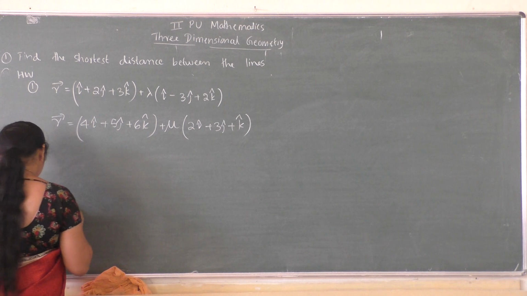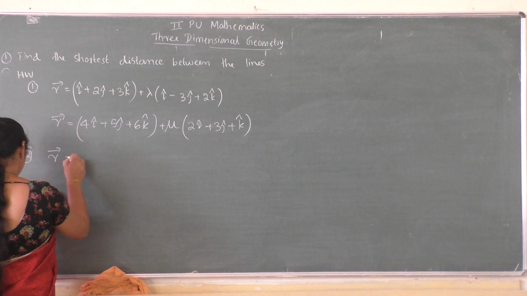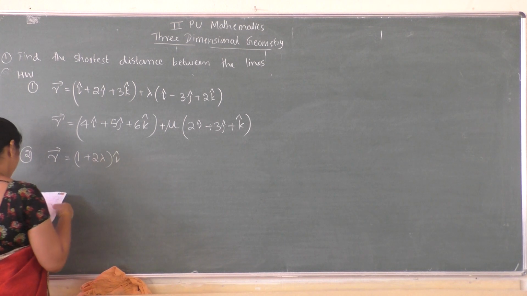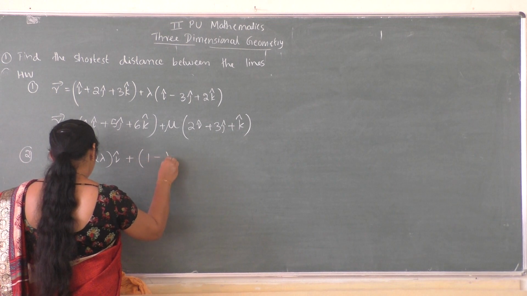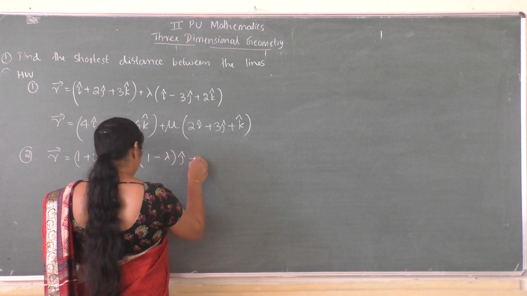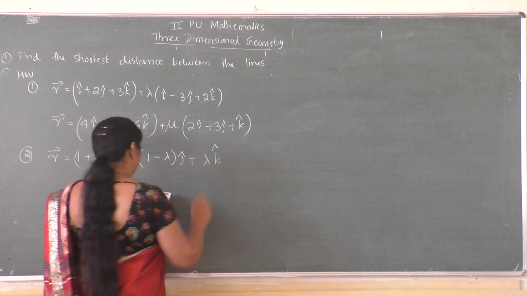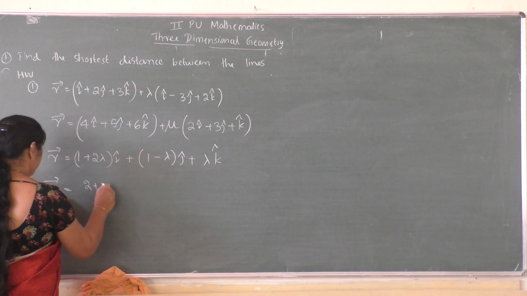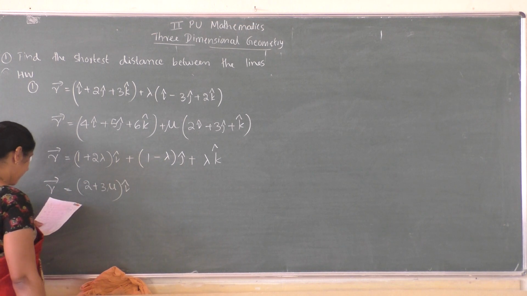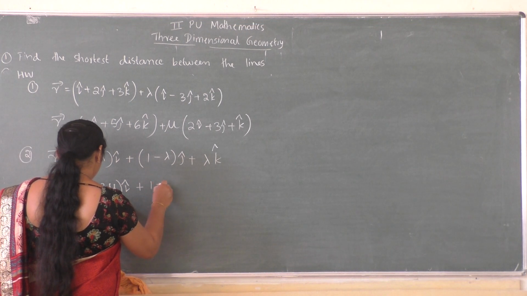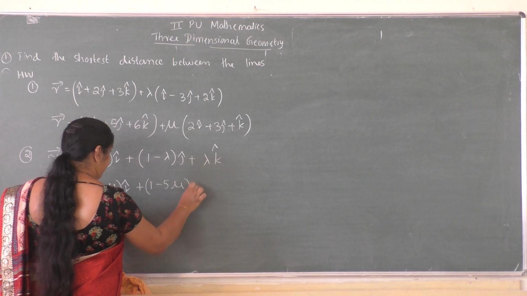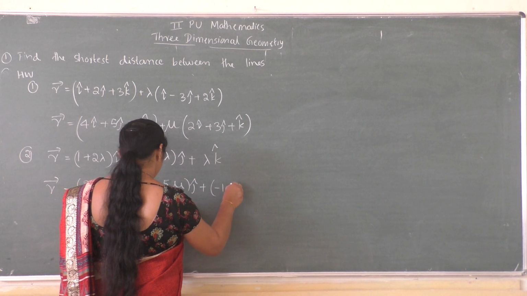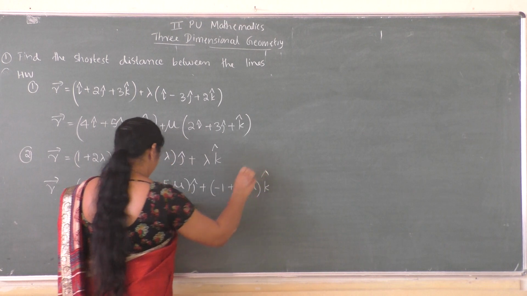And second one, R vector equal to 1 plus 2 lambda i cap plus 1 minus lambda j cap plus lambda k cap, and R vector equal to 2 plus 3 mu i cap plus 1 minus 5 mu j cap plus minus 1 plus 2 mu k cap.